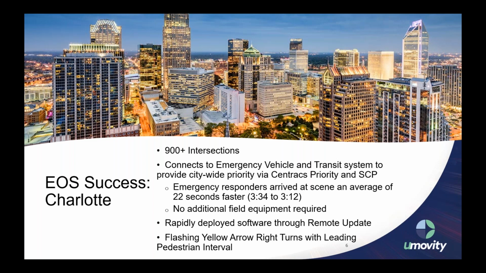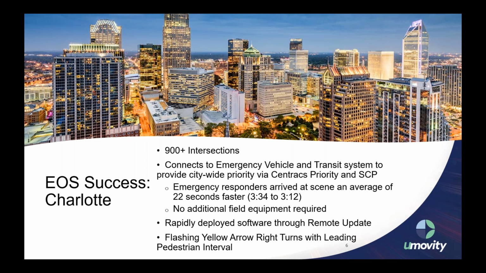And we're able to equip their whole city without having to install any additional equipment. They just installed the EOS software in their controllers, and had the Centrac software at the central processing and sending down those priority requests. This made for a very effective system that we're able to bring up very quickly.